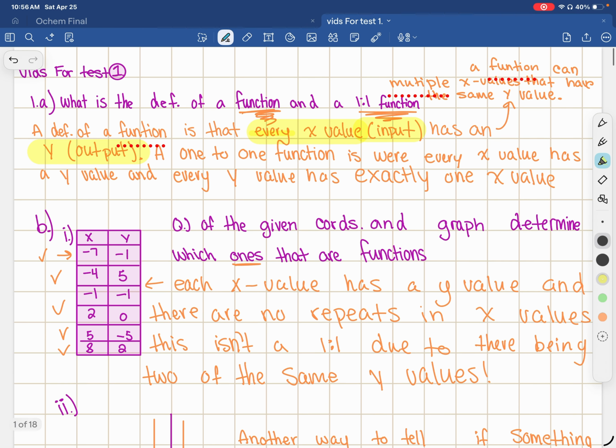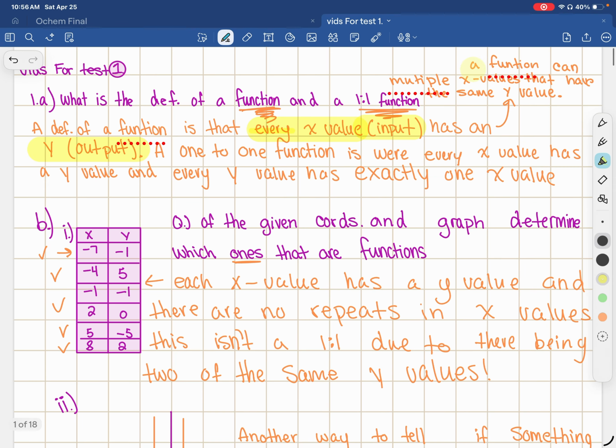Very simple, right? We plug in an x value, it's going to have an output. It's also important to note that a function can have multiple x values that have the same y value. So let's say we're talking about -3 and 3, they both can have the same y value or output.